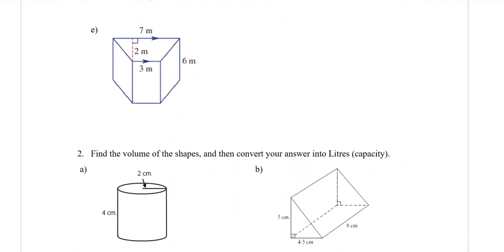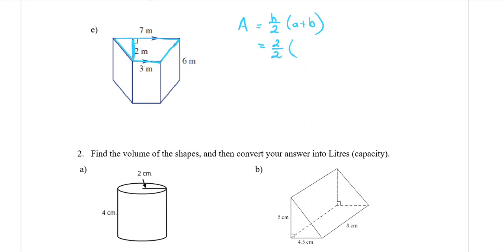Question E is definitely a bit of a tricky one because this shape on the top of my prism is a trapezium. To find the area of that trapezium first, the formula is h over 2 bracket a plus b. The h is the height between the two parallel sides, which is the 2. So it's 2 over 2 bracket.